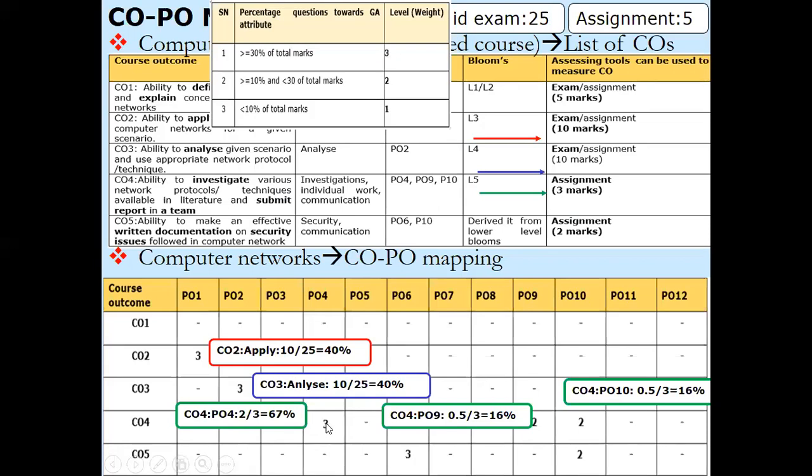That is the reason it comes to 3. Then for CO4 we take 3, so in that case I have to write 3 plus 2, sir: assignment 1, assignment 2. Assignment 1 is 3 marks, because the maximum marks are only 3. Out of 3 we are doing the distribution.